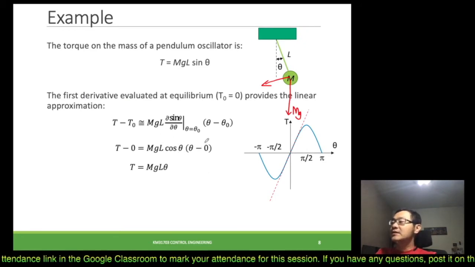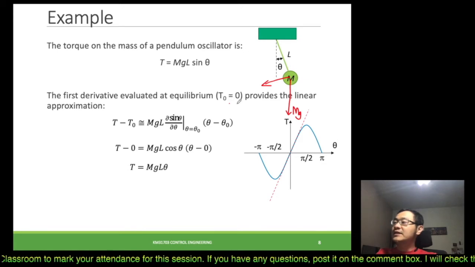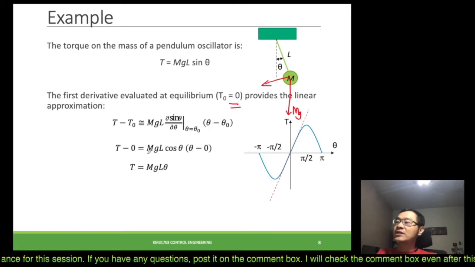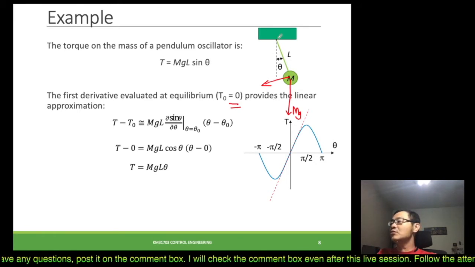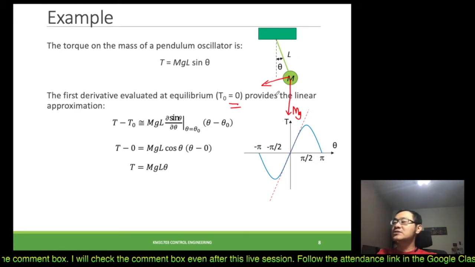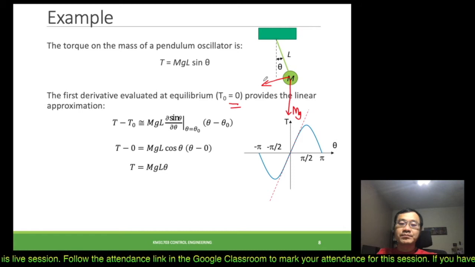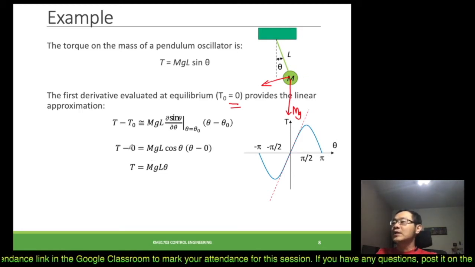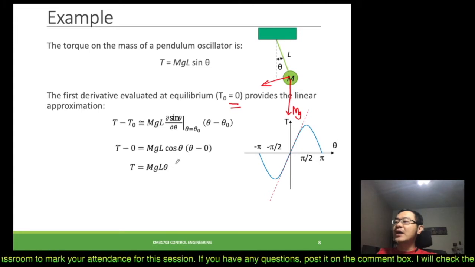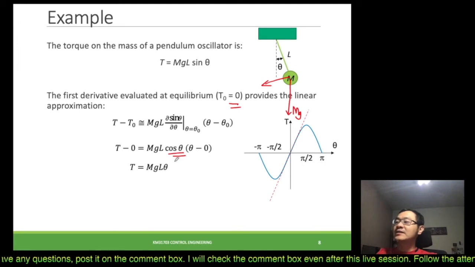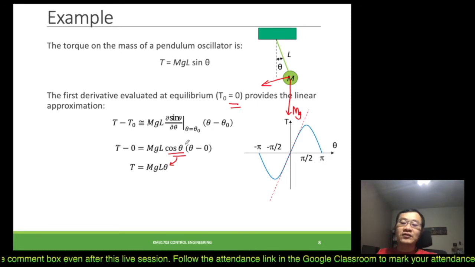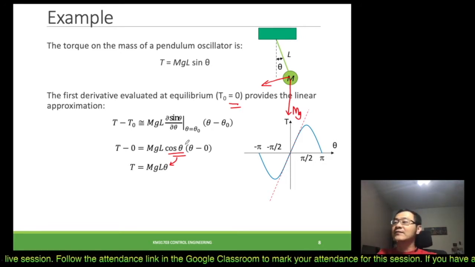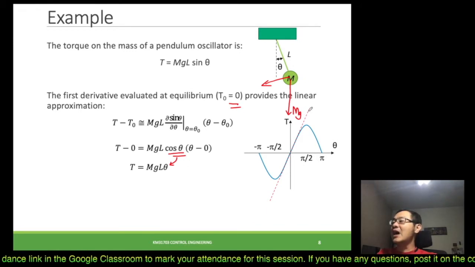When we further simplify, our T naught equals 0, which is the normal location, 0, where it is the common point that the mass will always go through. Therefore, we will have T equals mgl theta, where again, when the angle is small enough, sine theta will give you an approximation of theta.